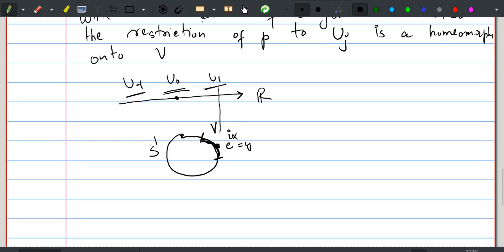So all these U_j are mapped homeomorphically onto this set V here.